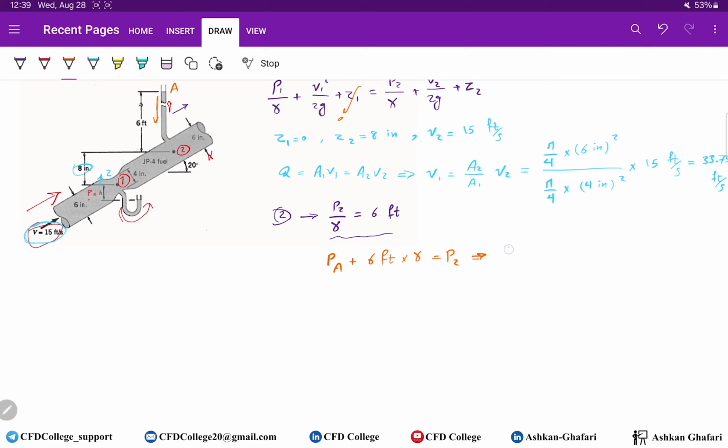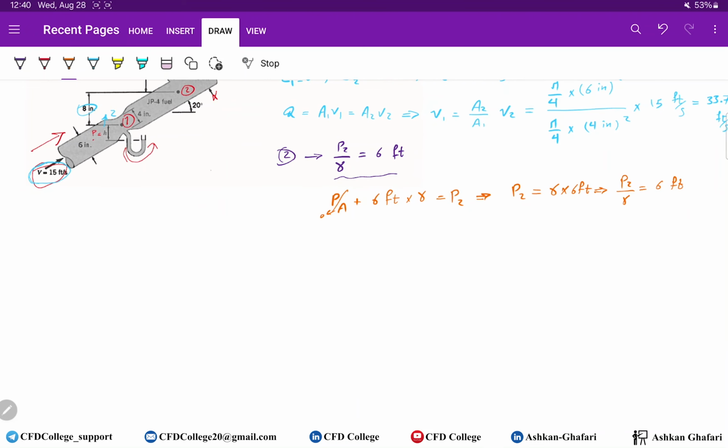Here we have an open manometer, an open tube, so here we have atmosphere, so PA is 0 because we are working with gauge pressure. So P2 is gamma times 6 feet, so P2 over gamma equals 6 feet.